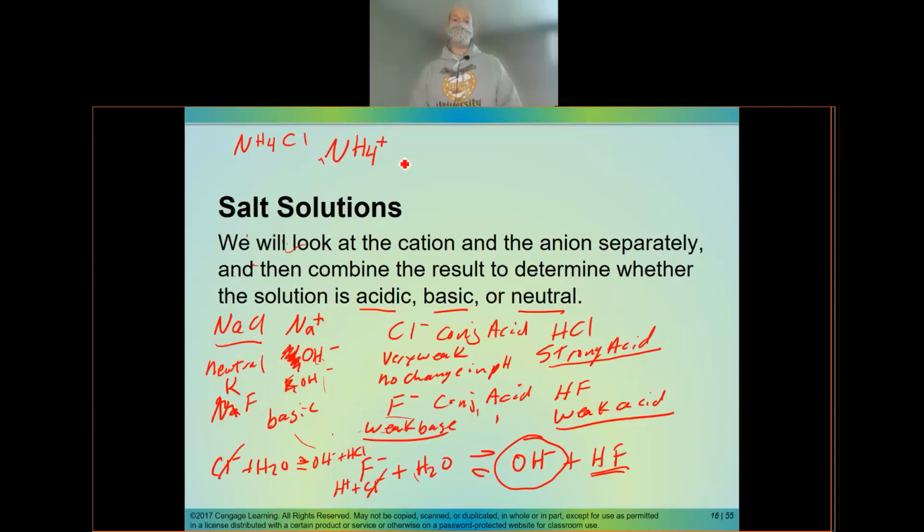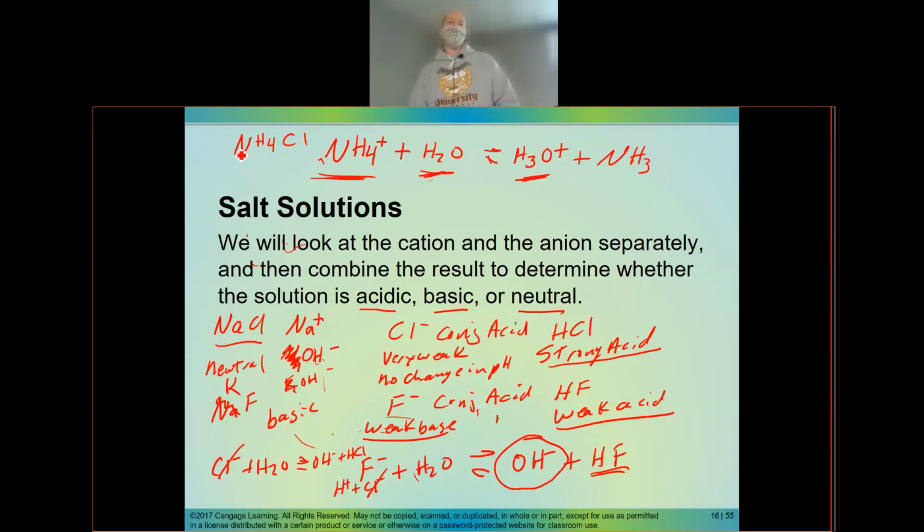So the NH4 has a reaction with water. NH4 has an extra H. It is going to donate the H to the water and give you H3O plus, and it's going to give you NH3. And so your NH4 plus is going to make your water acidic.